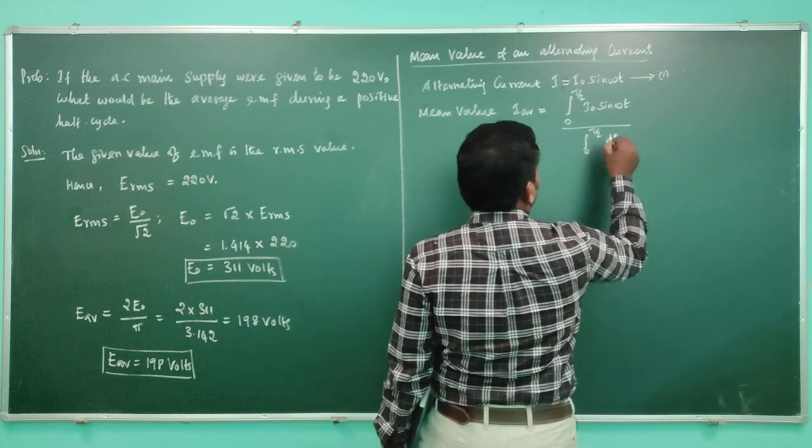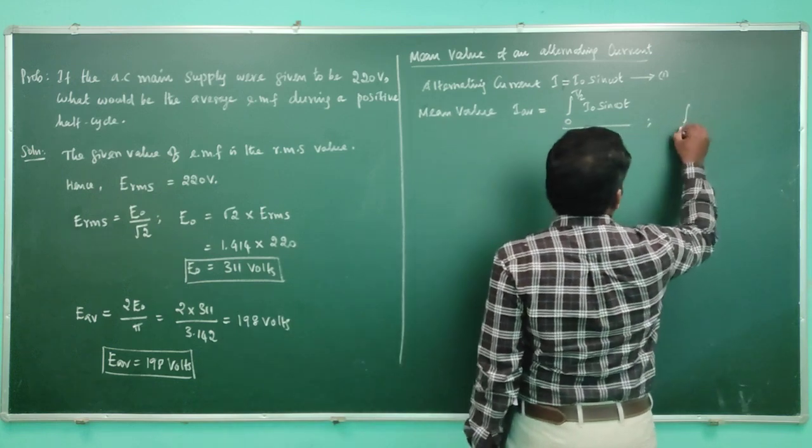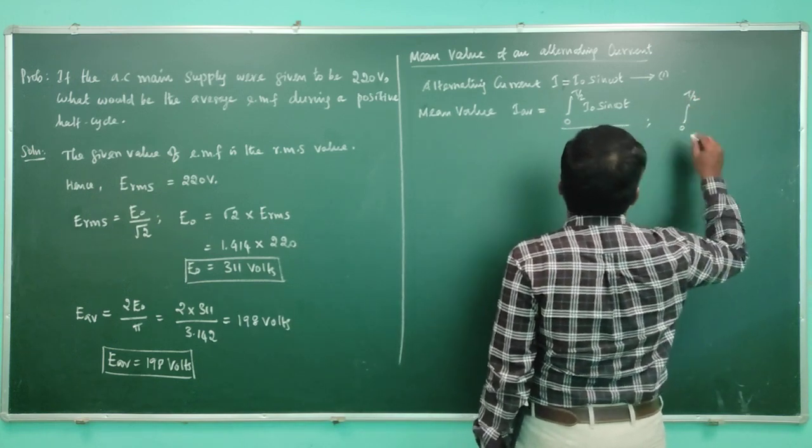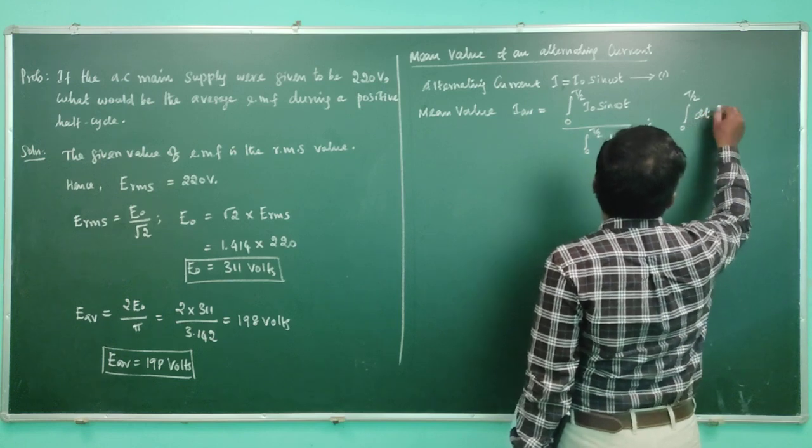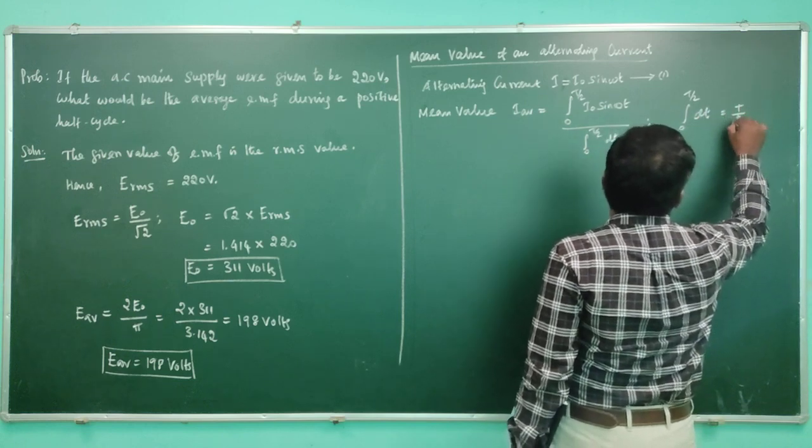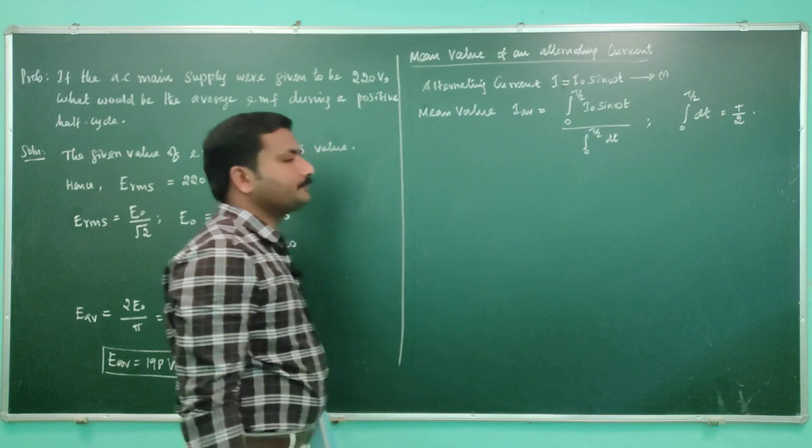But already we know that the integral from 0 to T by 2 of dt is nothing but T by 2.